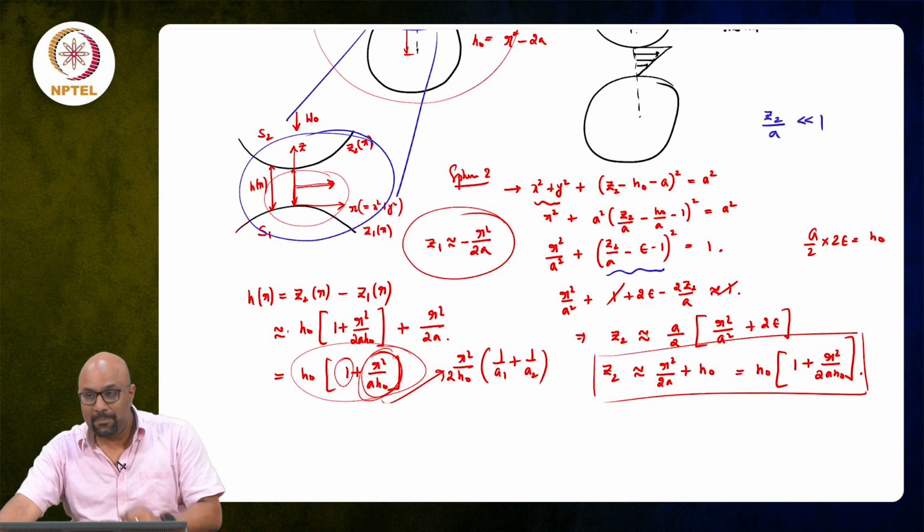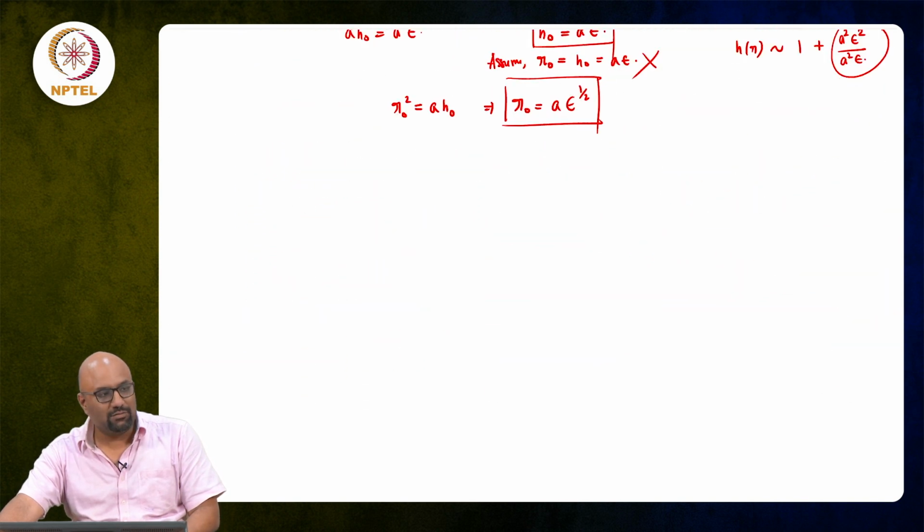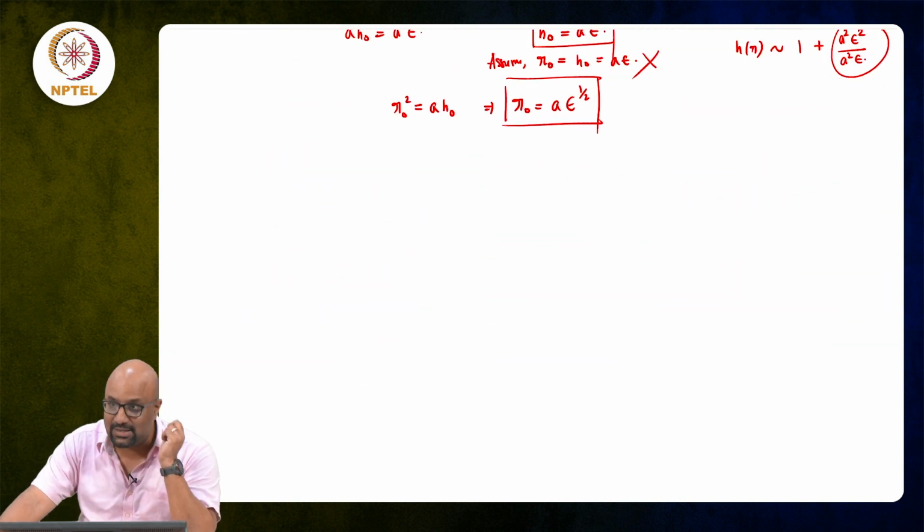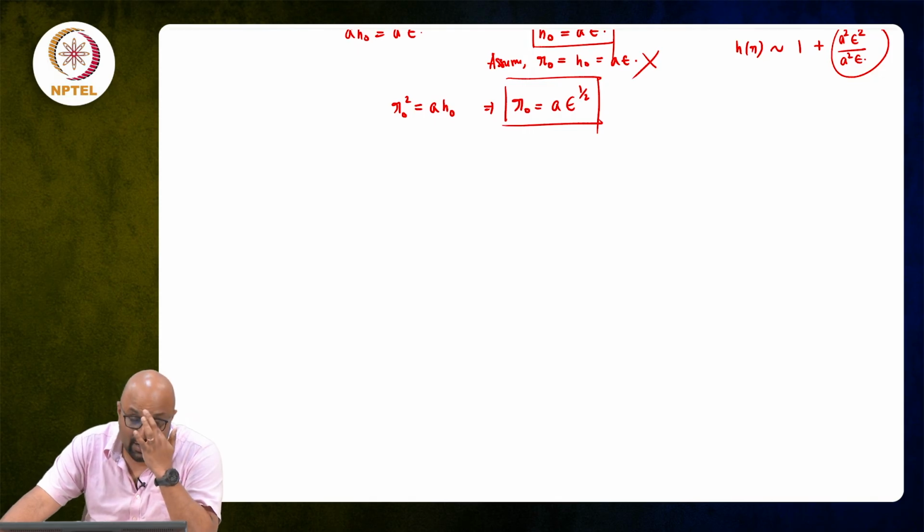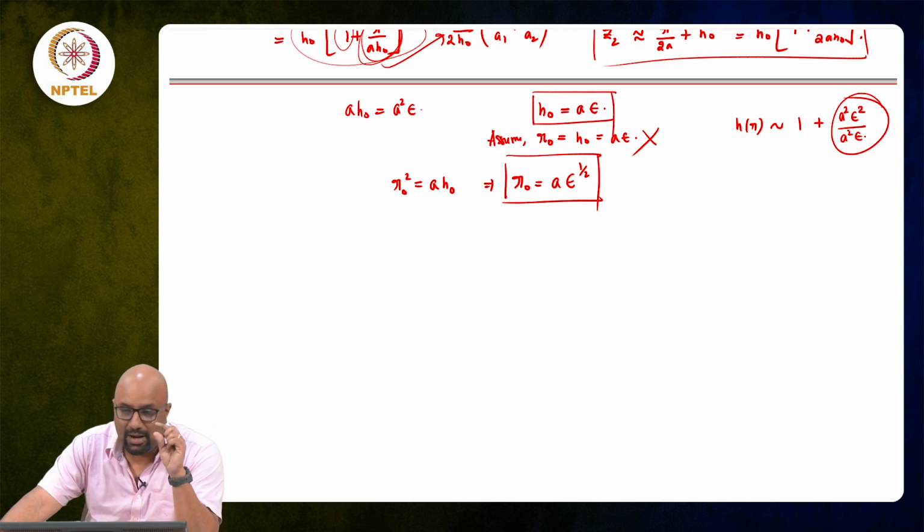Then comes the aspect of the flow, because so far we were only discussing geometry. What we have done here is approximate the spherical surface as a local paraboloid, and used the argument that because the gap is epsilon times smaller than the radius of the sphere, that is the length scale in the gap direction or the normal direction.